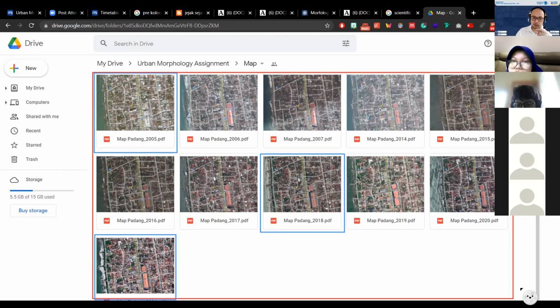But again, if there are no significant changes, then you can trace the most recent map.